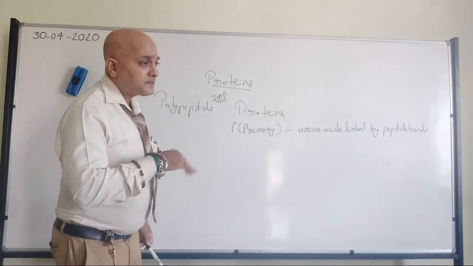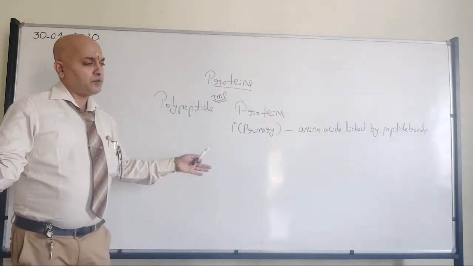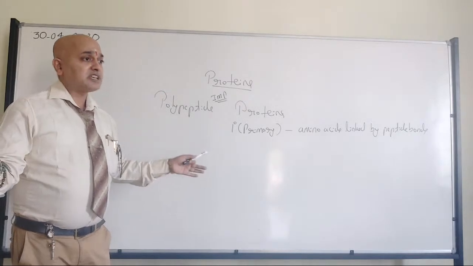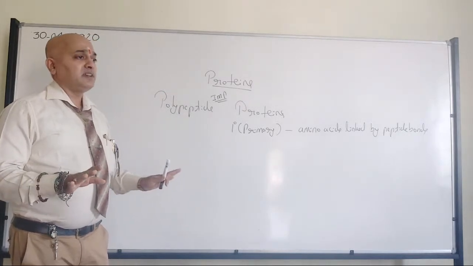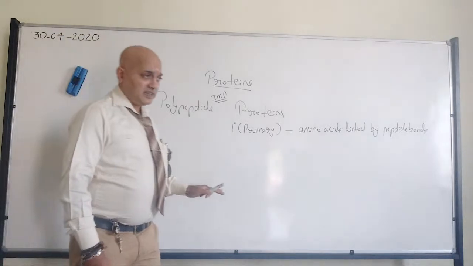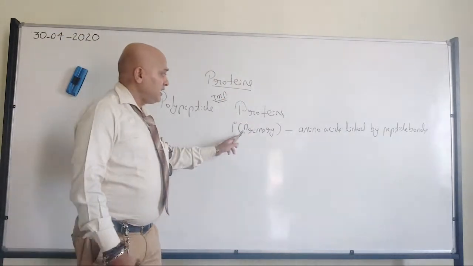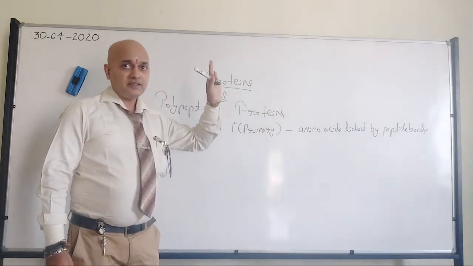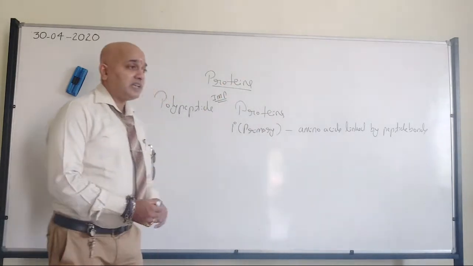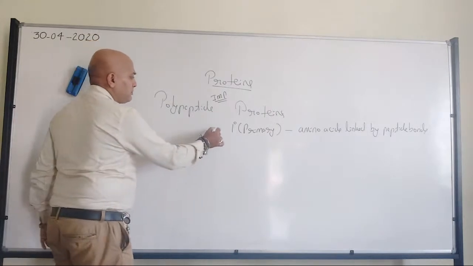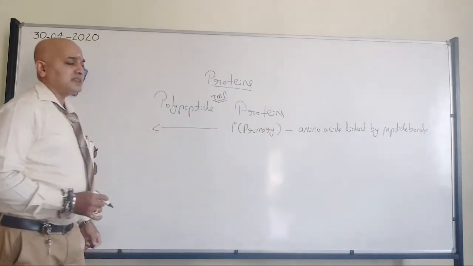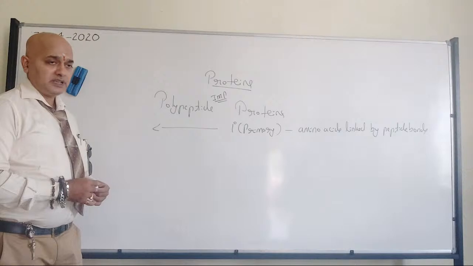There is no question of the same sequence in two different proteins. If there is the same sequence, then the protein should be the same. Fine? That way I can tell that the final protein will be decided by the primary structure. So this is where I have the primary structure. Even a polypeptide will have the primary structure like a protein.